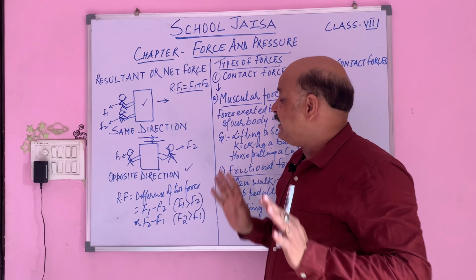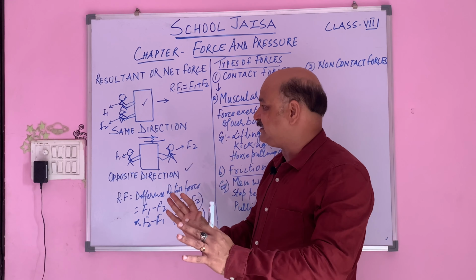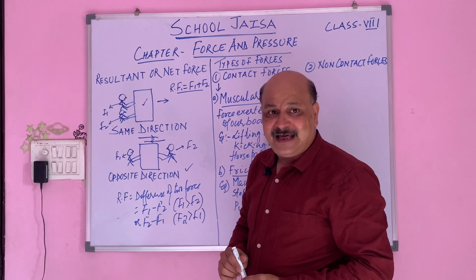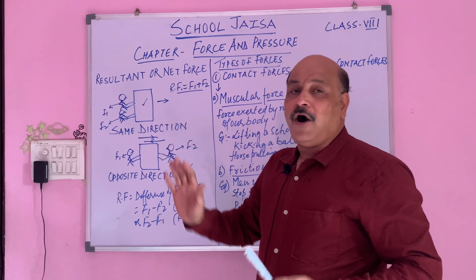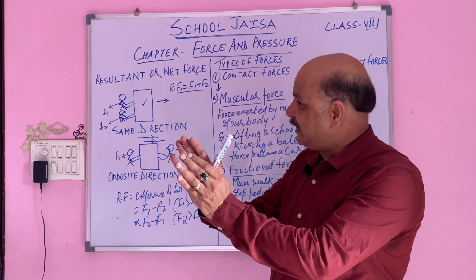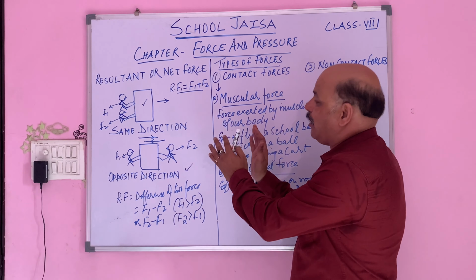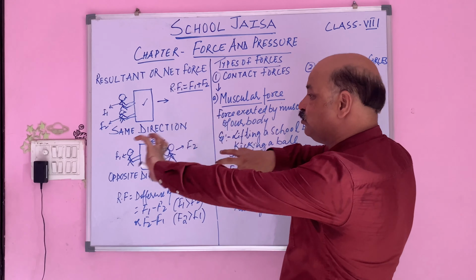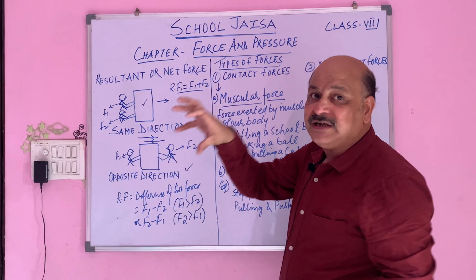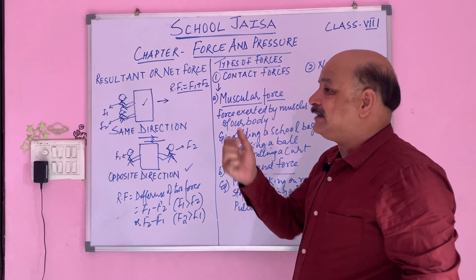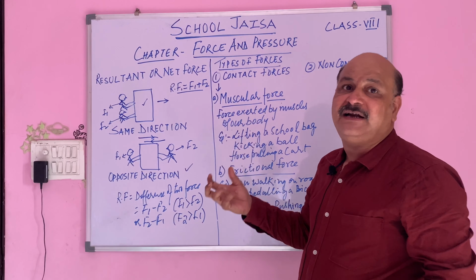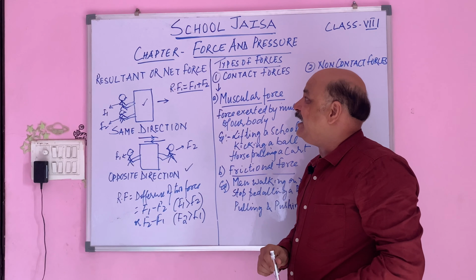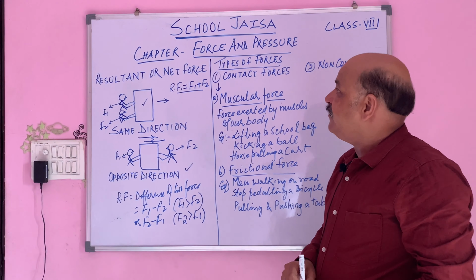Now if some forces are acting in one direction and some in the other direction, we add all the forces of one direction together, then add all the forces of the other direction together, and then out of those two total forces, the greater one will subtract the other total force. In this way we calculate the resultant or net force.